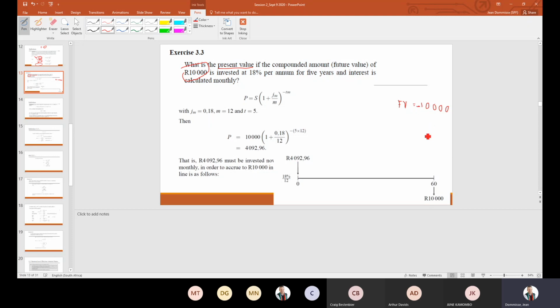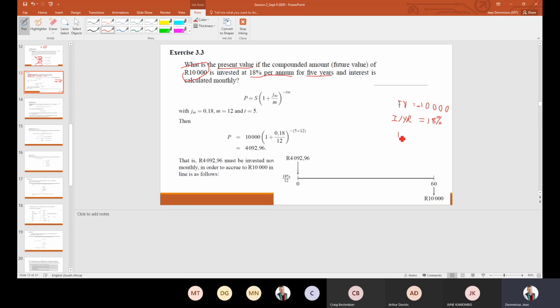So I'm putting a minus in front of that so that when I get to my answer of the present value, suddenly it's not negative. Amount future value is 10,000, invested at 18% per annum. So my interest rate is 18% per year, for 5 years.